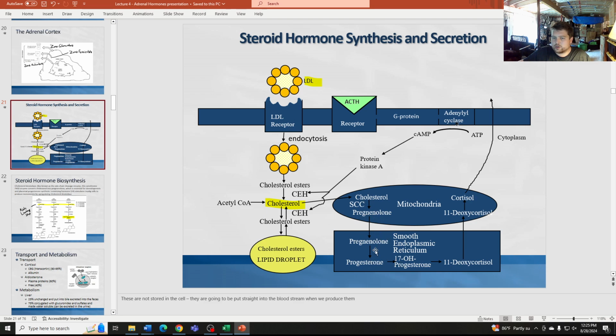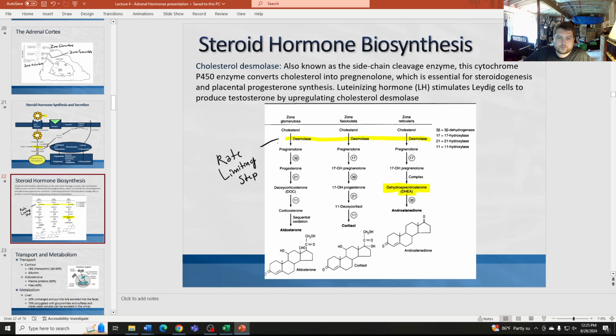It's either going to progesterone, estrogen, or testosterone. We can see it all again here, going all the way through from cholesterol, produce aldosterone, cholesterol to produce cortisol, and cholesterol to produce androstenedione, which is the precursor of DHEA. Most commonly, they ask about DHEA. That's the one that they like to ask about.